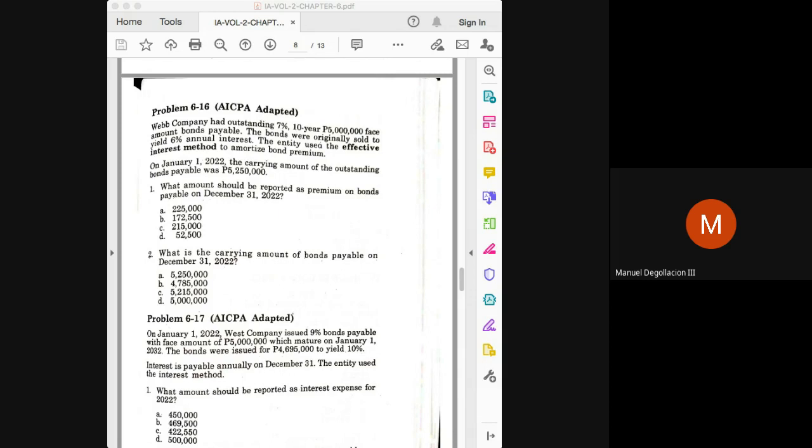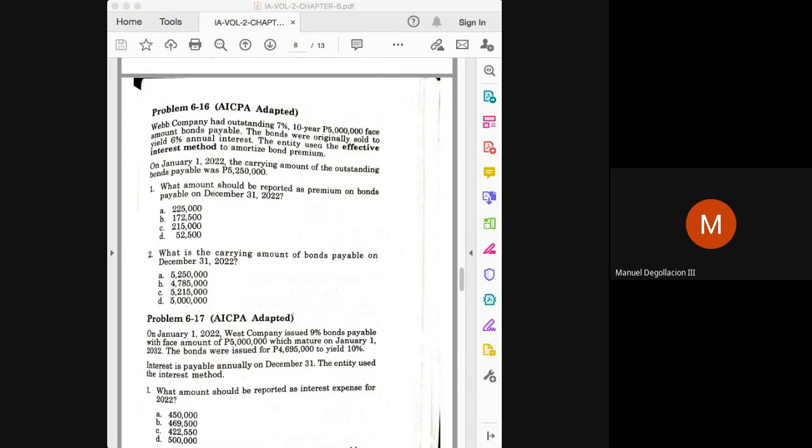But if we are using the straight line method, the first item which we can solve would be the amortization on the premium or the discount, and we would then be using that amortization to solve for the correct or the adjusted interest expense for the year. So you will still be computing for the same things, but the path would be different, but ultimately the destination will be the same.